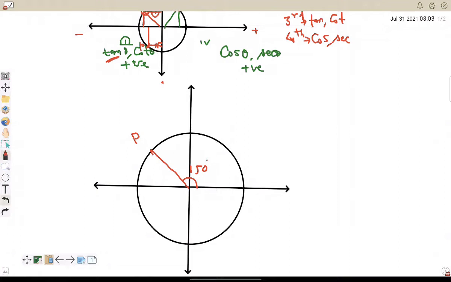So if you take P here, you can check how we can find the value of sine 150, cos 150, and tan 150. I will show you by some example.